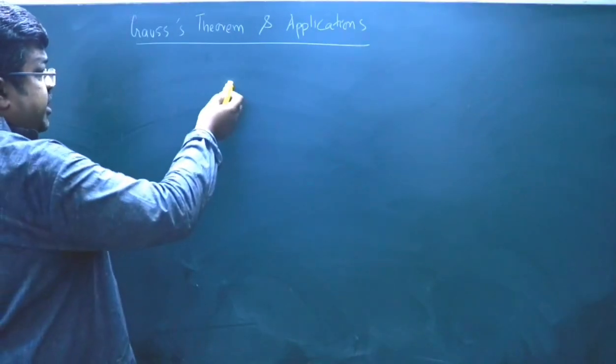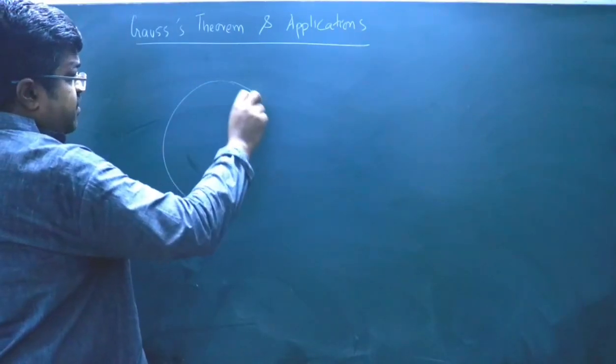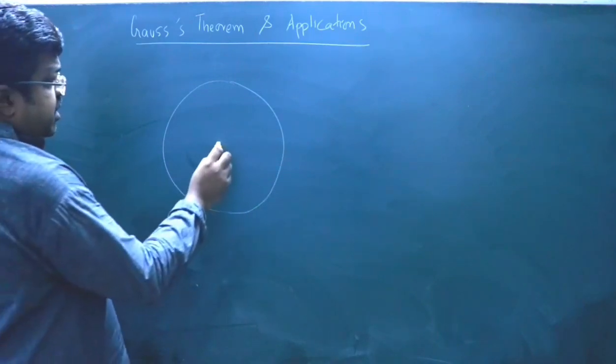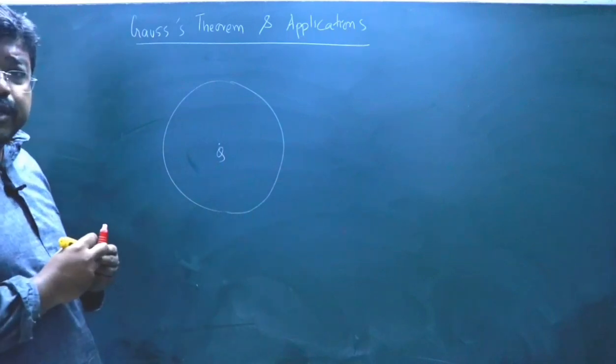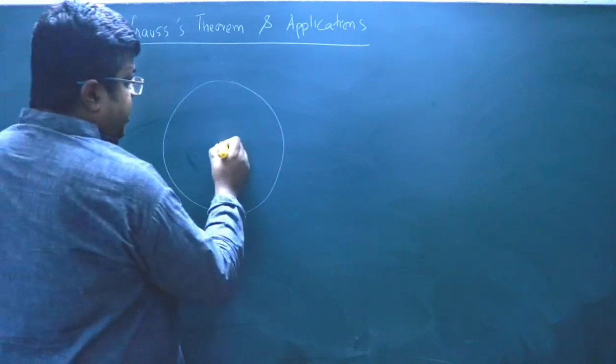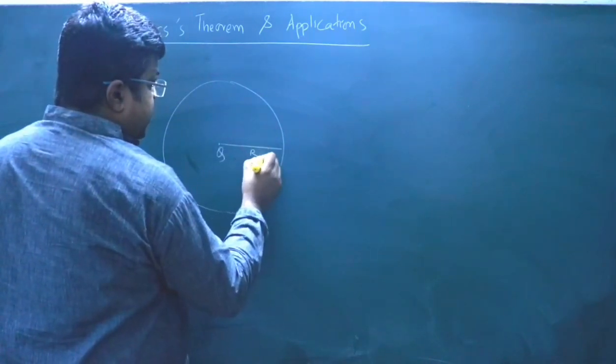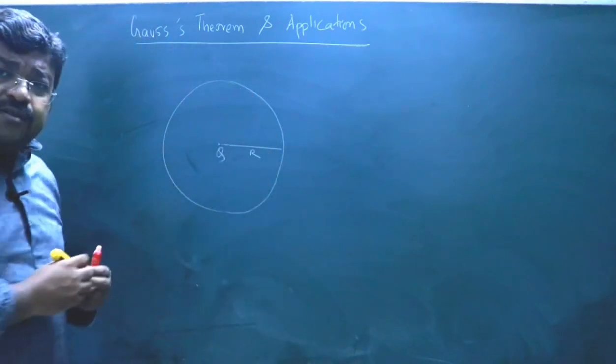Suppose we have a spherical region, this is a sphere, and at the center of the sphere we have a charge q, and let's say r is the radius of this sphere.